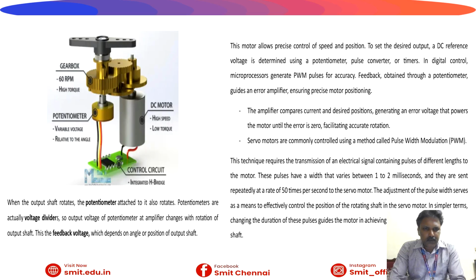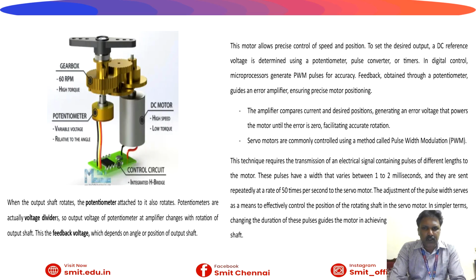Now then the potentiometer: when the output shaft rotates, the potentiometer attached to it also rotates. Potentiometers are actually voltage dividers. So the output voltage of the potentiometer at the amplifier changes with rotation of the output shaft. This is the feedback voltage, which depends on the angle or the position of the output shaft.